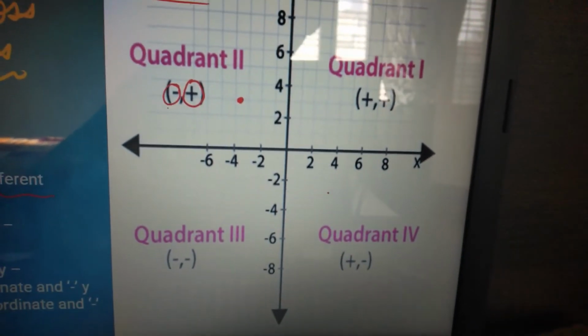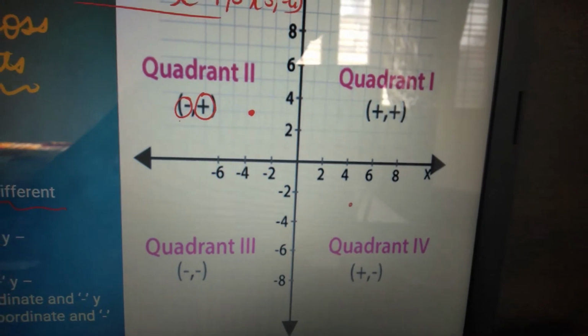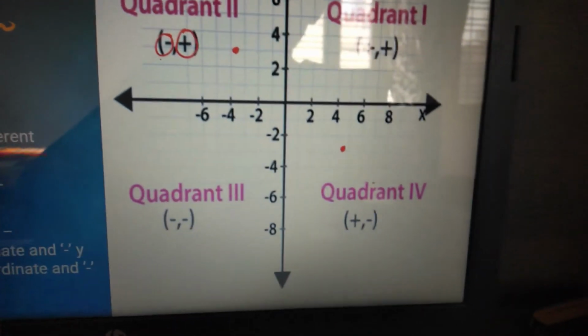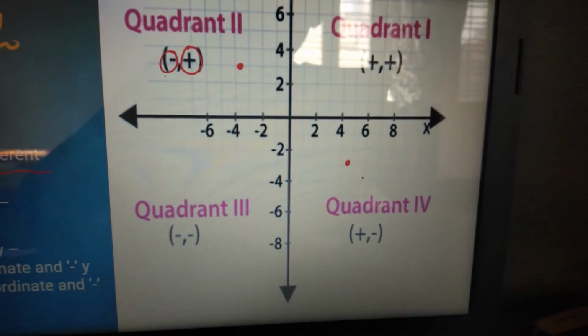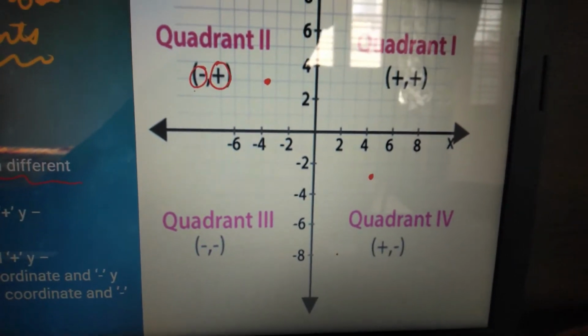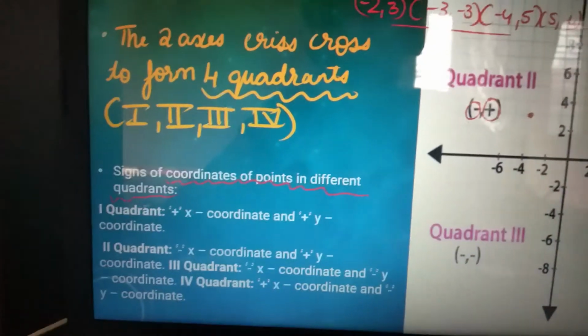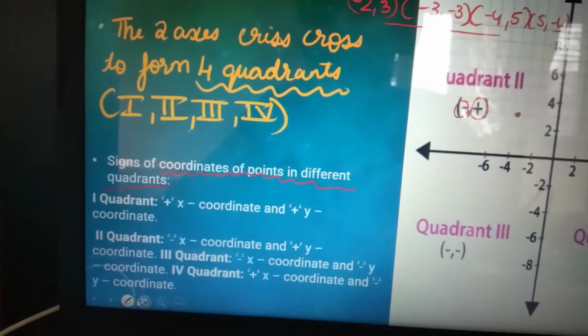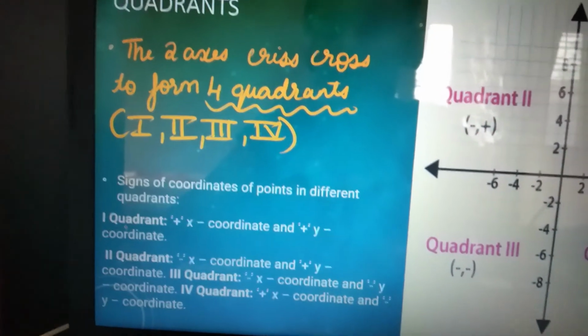And if you plot a point in the fourth quadrant, you can be assured that the x coordinate will always be positive and the y coordinate will always be negative. So these signs will not change, and we shall see those signs now.